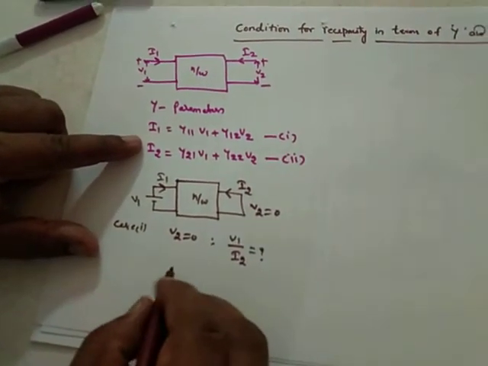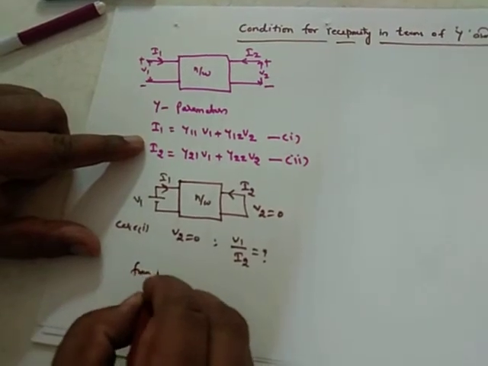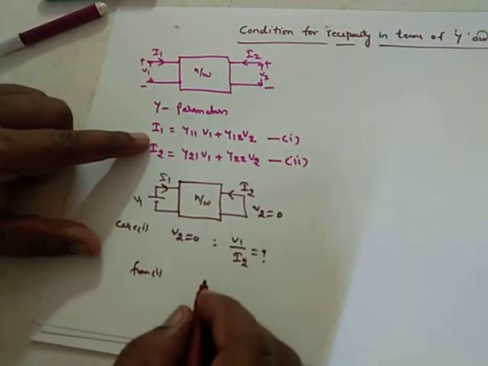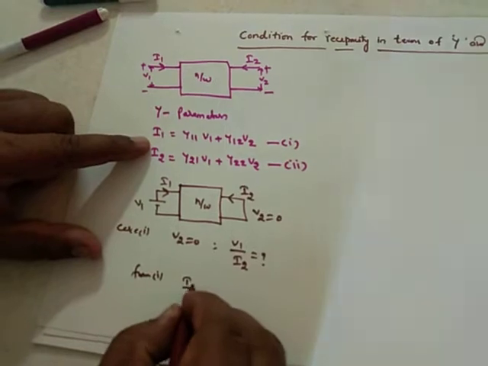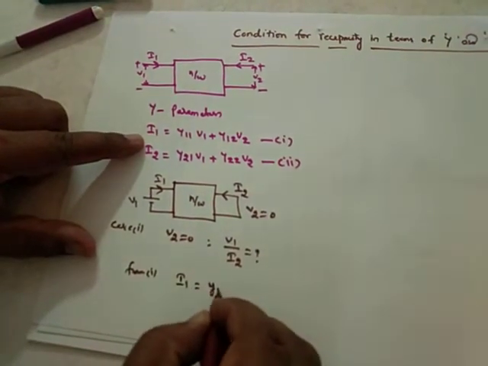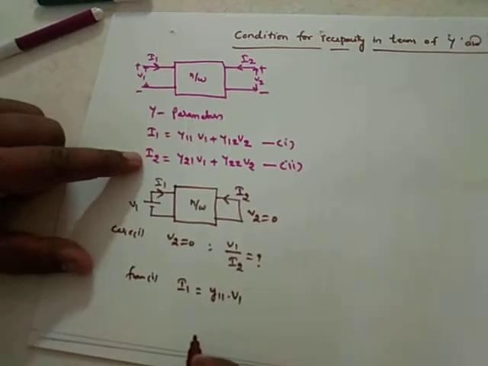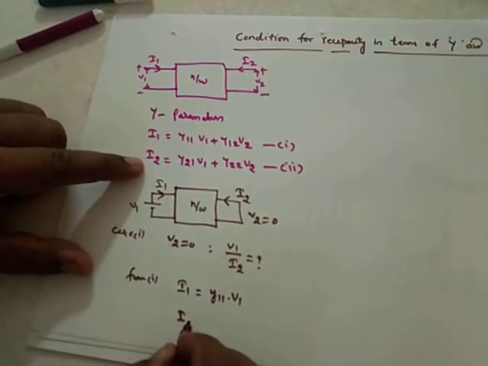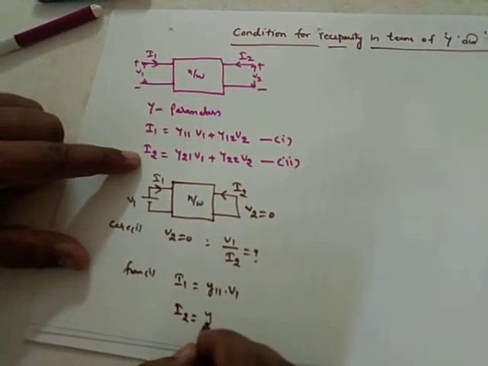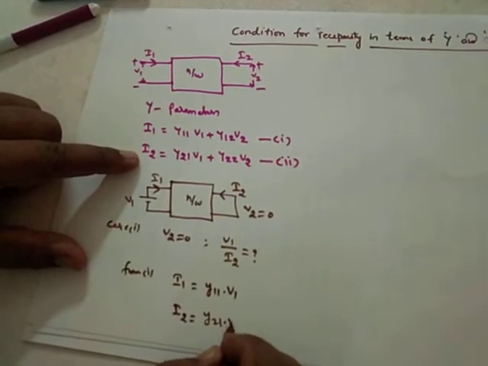In the first one, with V2 equal to 0, I1 is equal to y11 V1, and coming to the second, I2 is equal to y21 V1.